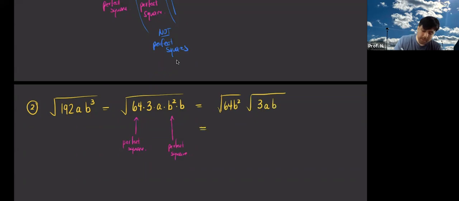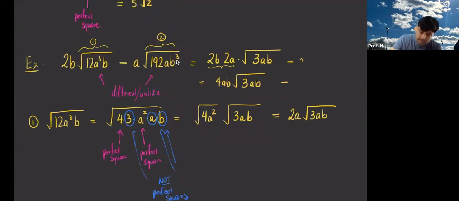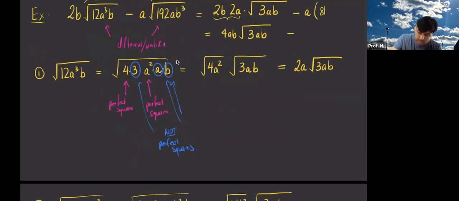When I break this down, the square root of 64 is 8. The square root of B squared is B. And I get 8B rad 3AB. And I can put that in front here now. I can put this as A multiplied by 8B rad 3AB. Multiply that out and I get 8AB rad 3AB.